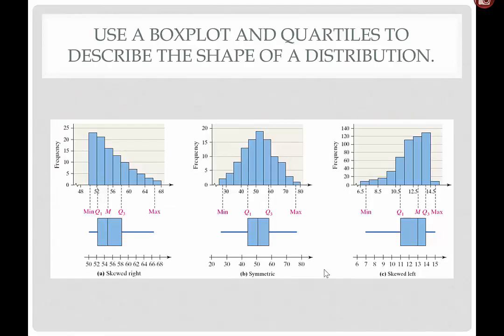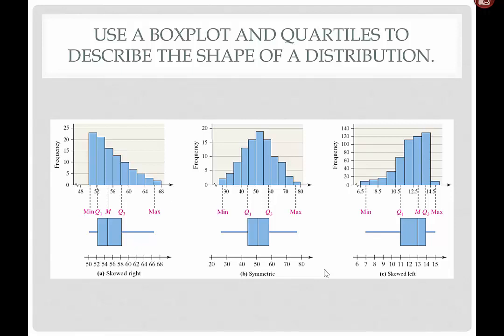All right, so if we look at the relationship between the box plot and the shape of the distribution, we can see that when your box is pushed over to the left, that you have more data that are closer to the minimum, then if you were to make a histogram of that same data, it's going to be skewed to the right.